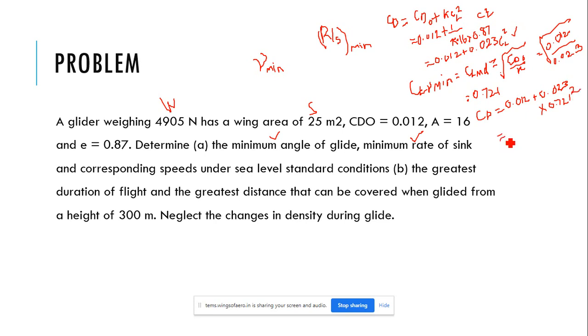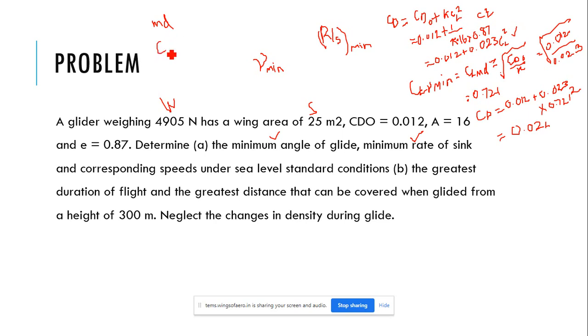So that will be equal to, we will get the value like 0.024, or else we can use the formula for minimum drag condition, where there is a value for CD.